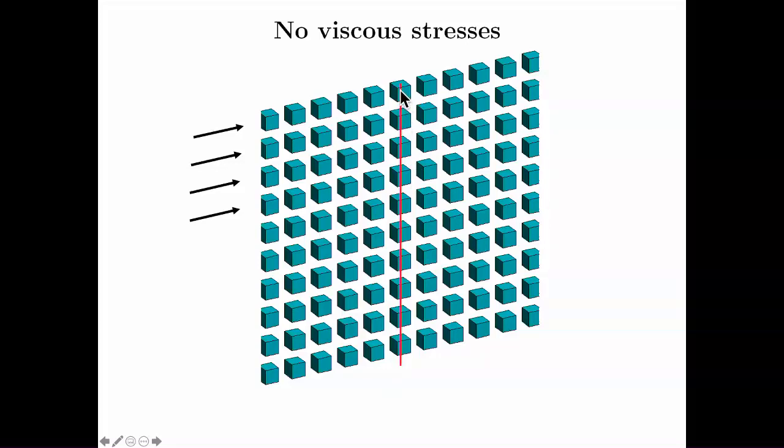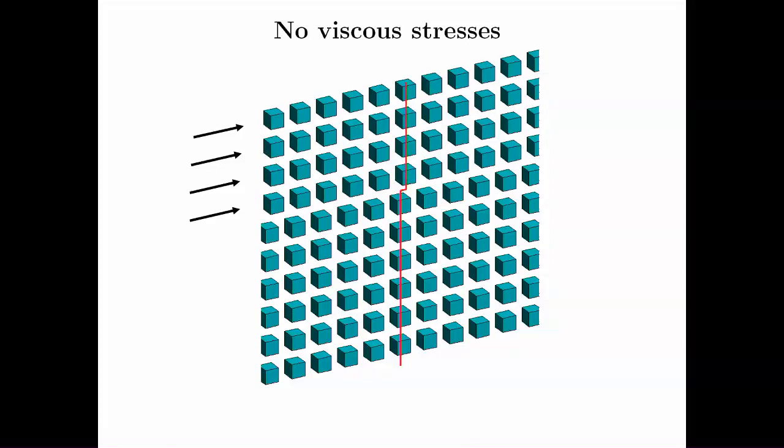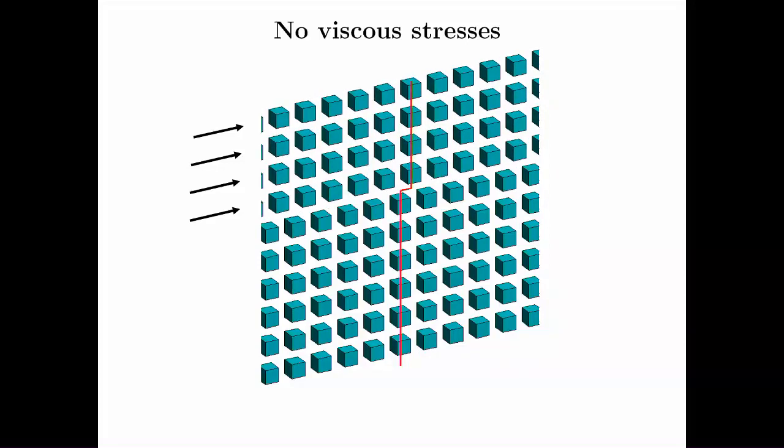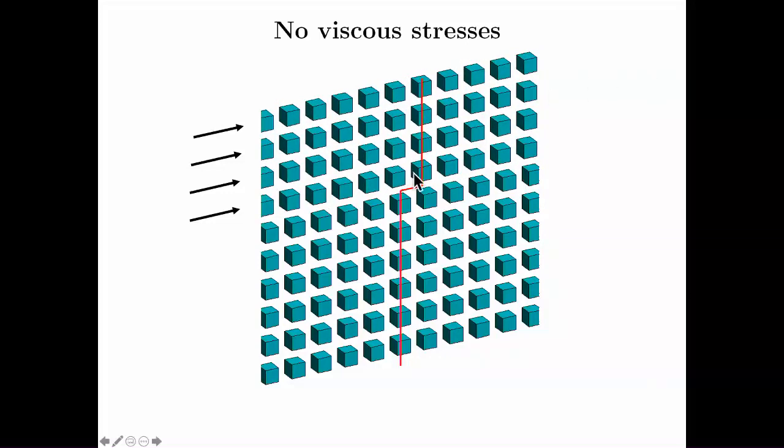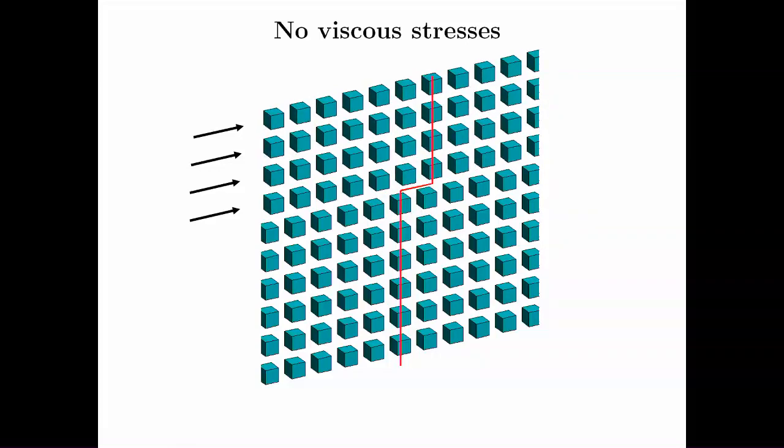And for an inviscid fluid, a fluid with no viscosity, when I apply this velocity to the first 4 rows of fluid elements, you can see that I have a big jump in the velocity. And the other fluid elements below it don't know anything about what's going on above.